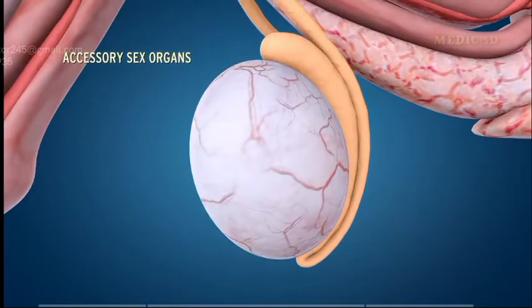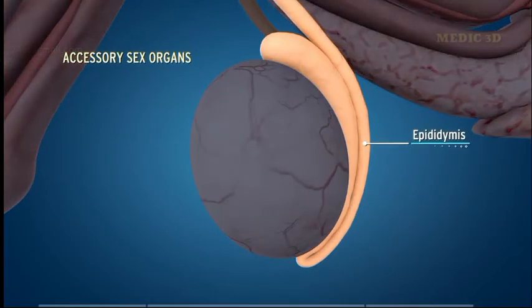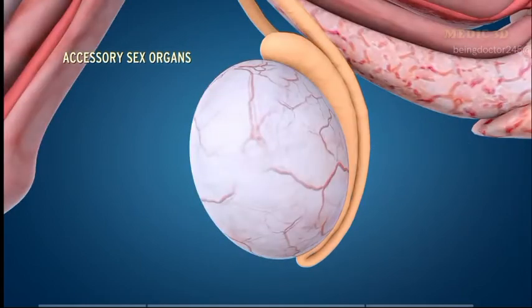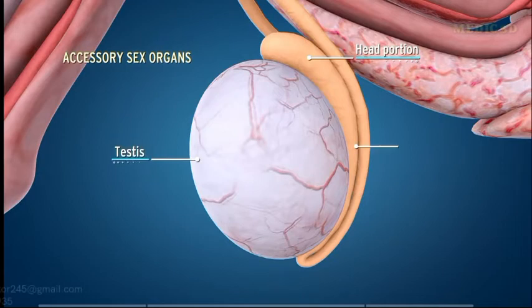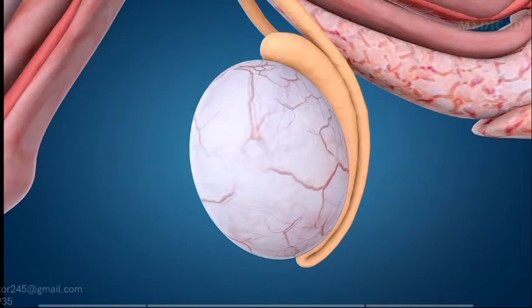Accessory sex organs. The epididymis is a highly coiled tube and is 6 meters in length. The epididymis is divided into 3 portions: the head portion, which is close to the testis, the body, and the tail portions. The epididymis stores the spermatozoa and aids in their maturation.